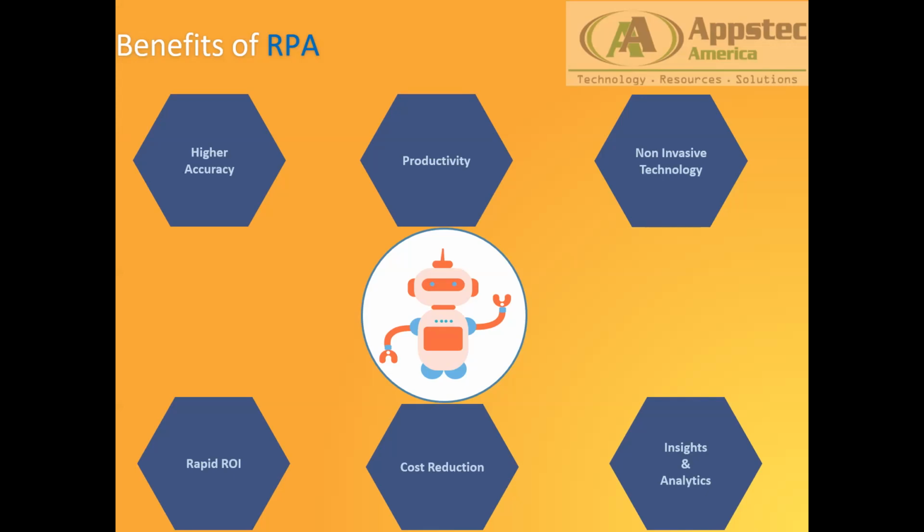Accuracy and error go inversely. The more accurate you are, there are fewer chances of error. Or if you are making more errors, you are more prone to have less accuracy. So based on my process, higher accuracy is a benefit that I would get out of RPA.